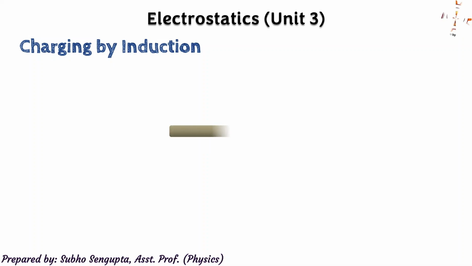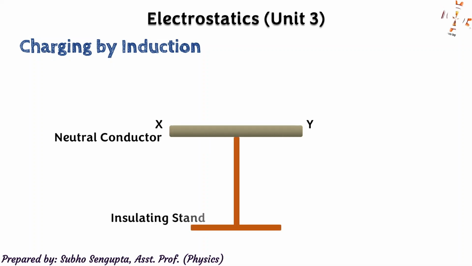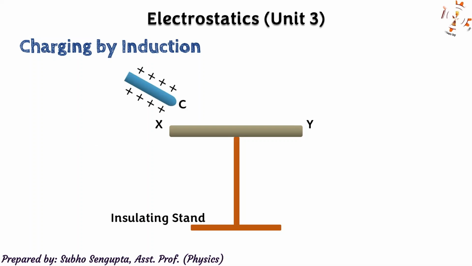Suppose we have a neutral body, XY, placed on an insulating stand. When we bring a positively charged body, say, C, close to it, the charged body attracts opposite charges and repels similar charges present in the uncharged body. As a result, the X end of the body becomes negatively charged, and the Y end of the body becomes positively charged.